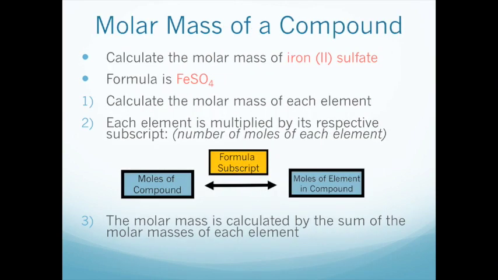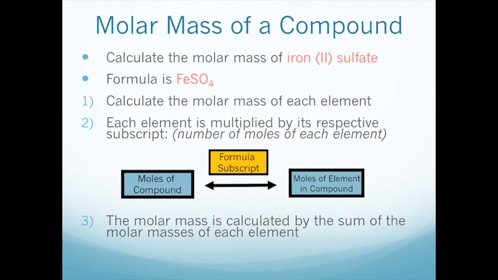So, now that we've talked about molar masses, we can start applying this to our knowledge of compounds. So, iron sulfate, we are going to find its molar mass. We know that iron 2 sulfate has a formula of FeSO4 because iron 2 means that it is a positively 2 charged ion, and that sulfate is -2 charged all the time.